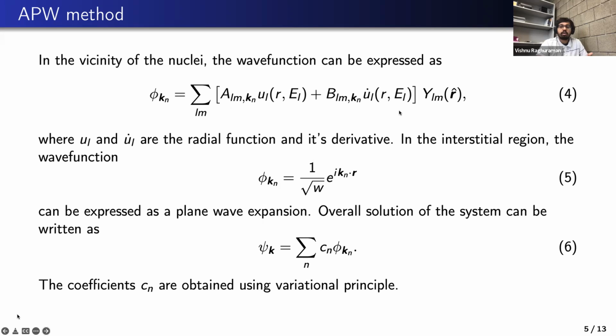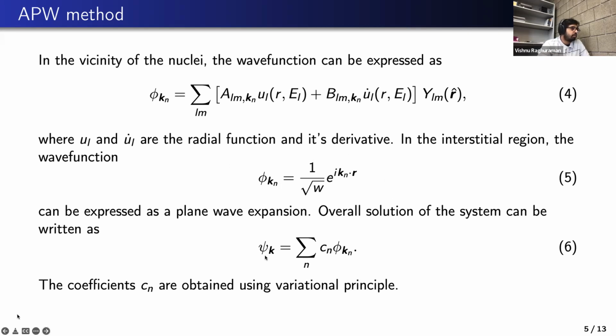Indeed, you can of course write any function in terms of spherical harmonics, as in a sphere that's a complete basis. In the interstitial region, you write your solution as a plane wave. And using boundary conditions at the muffin tin sphere, you can find your coefficients A and B.